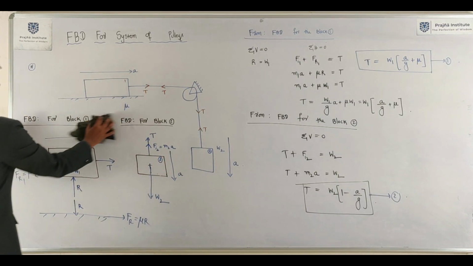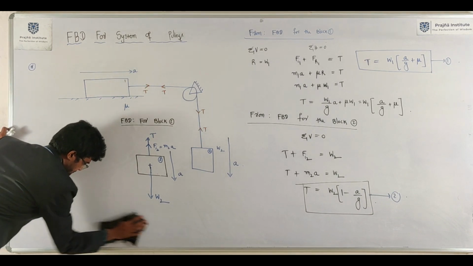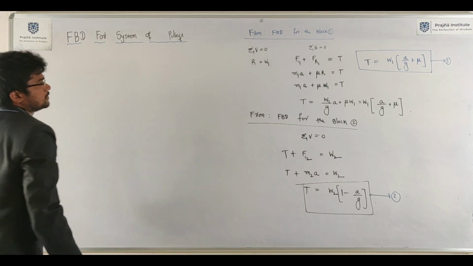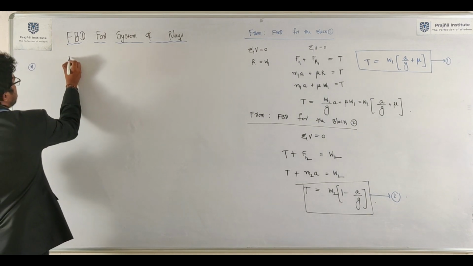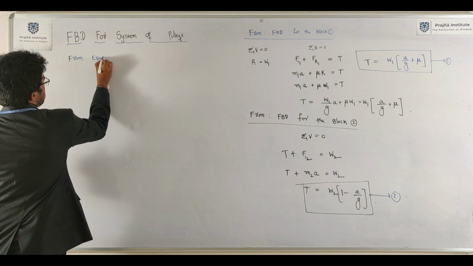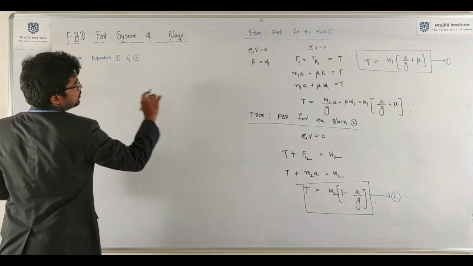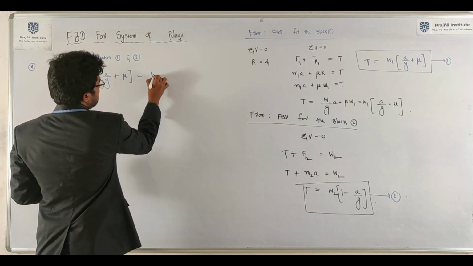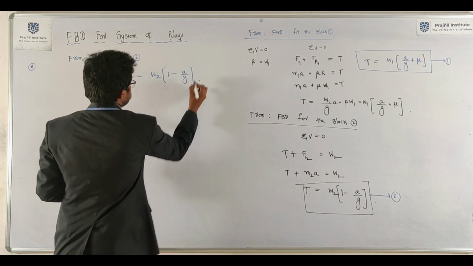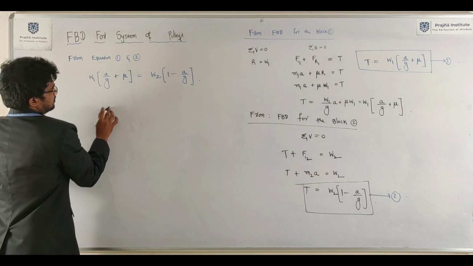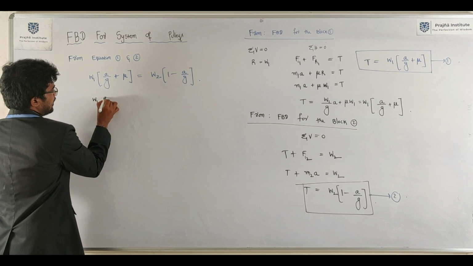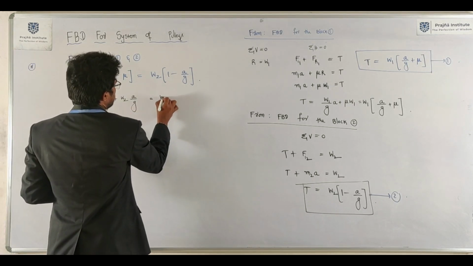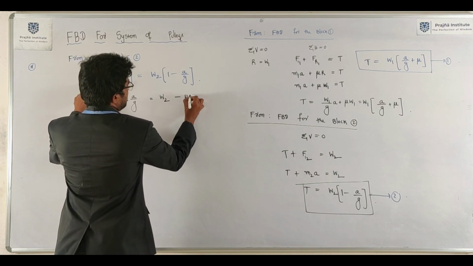Now, how to solve those two equations? From equations 1 and 2, both are tensions, so you can equate them. W1 into A by G plus mu equals W2 into 1 minus A by G. Taking terms together, W1 A by G plus W2 A by G equals W2 minus mu into W1.